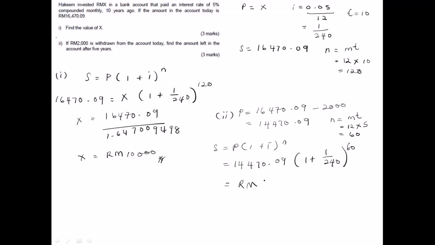So the new S is RM18357.31558, which we take as 0.32.